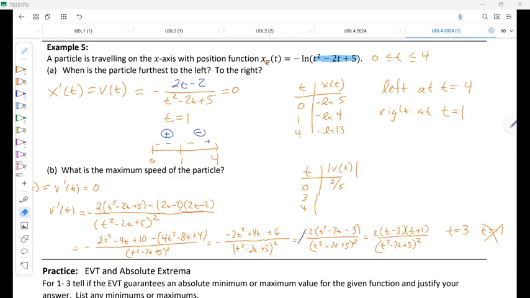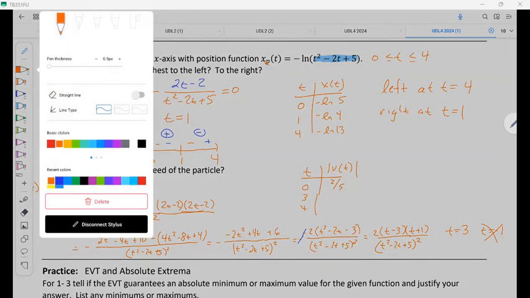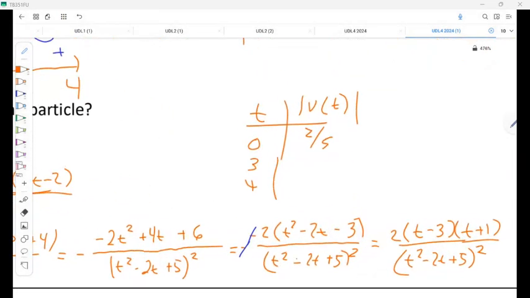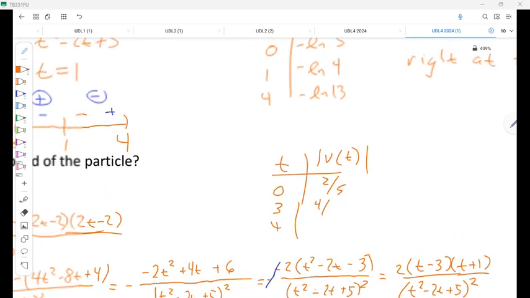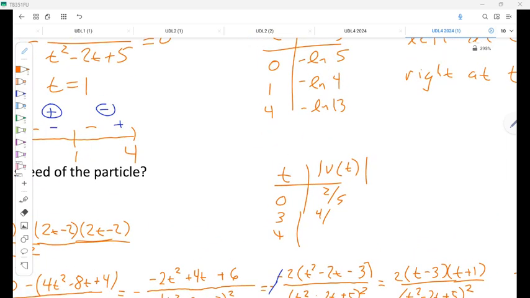With 3, it looks like 6 minus 2 in the numerator, so 4. Denominator, 9 minus 6 plus 5, which is 8.